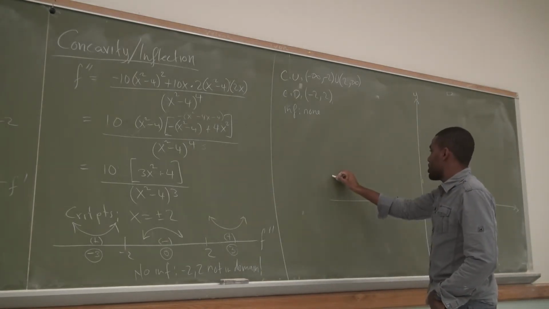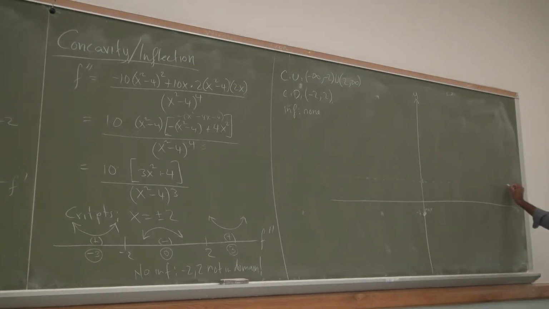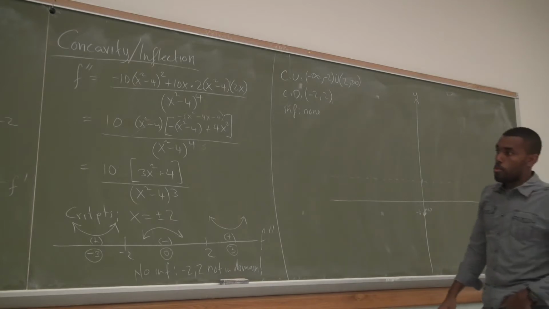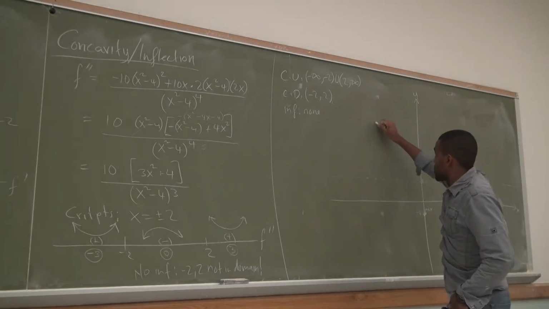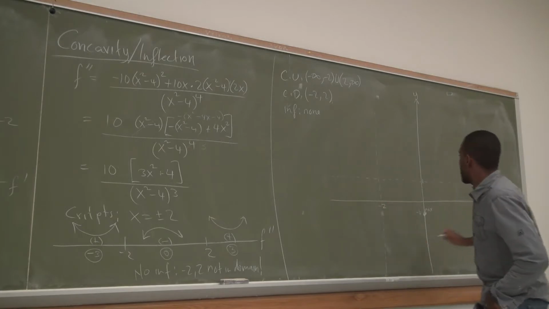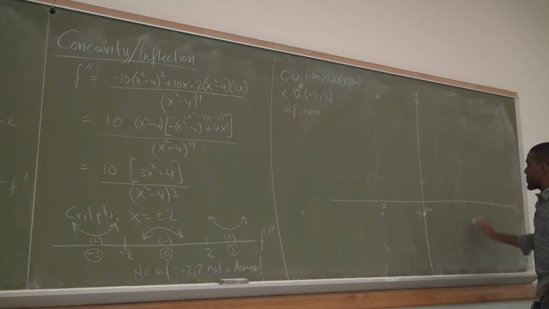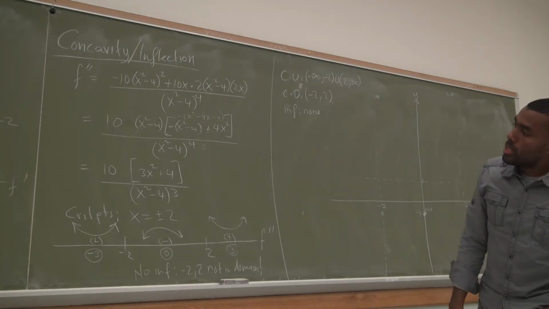So y equals 1 is the horizontal asymptote. You just use broken lines for y equals 1. Similarly, for minus 2 and 2, you have vertical asymptotes. Draw broken lines at minus 2 and 2. That takes care of asymptotes.